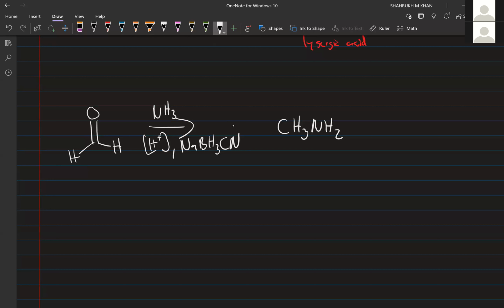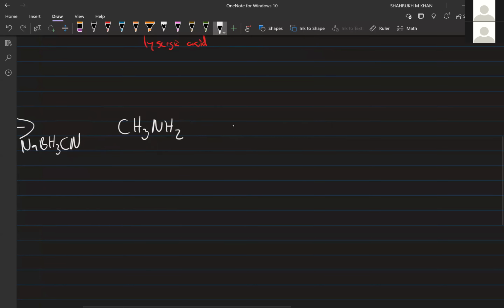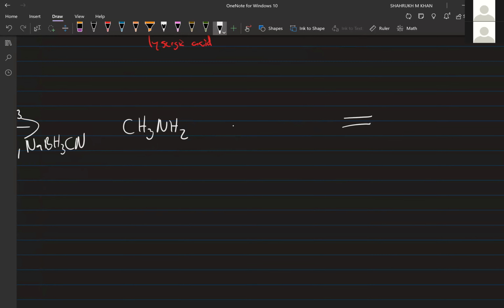So if you ever see that, you could automatically think you're about to make some sort of imine out of a carbonyl. All it really is, if you think about it, how can I draw this in a more general way? So you have your carbonyl here, and let's say this is R1 and this is R2.